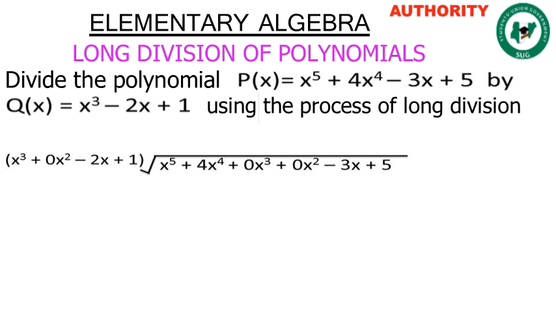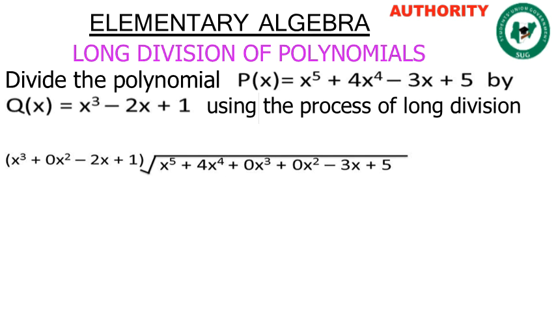Okay, now let's go. After the arrangement, let's pick them one by one. So the highest degree is what? x cubed. So x cubed is what we are going to use to divide. Now let's pick the first, or the highest term, from the dividend, which is what? x raised to power 5.